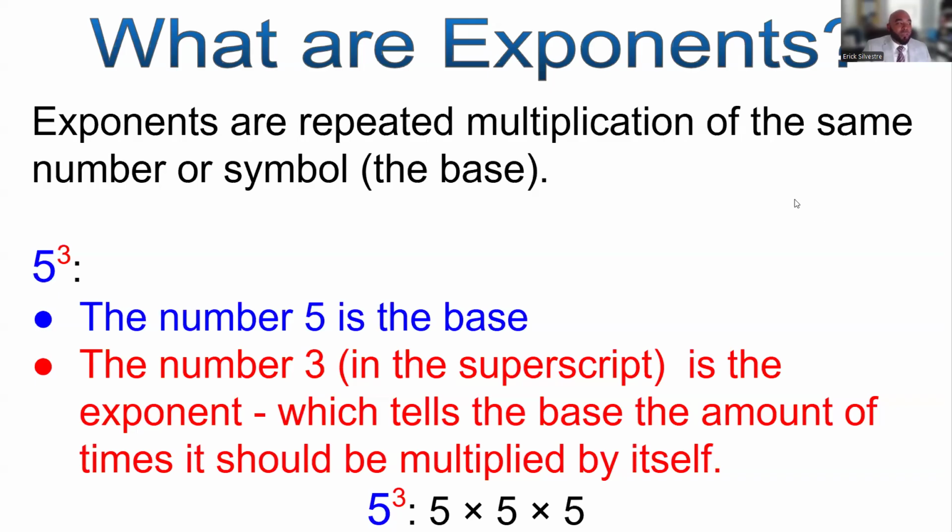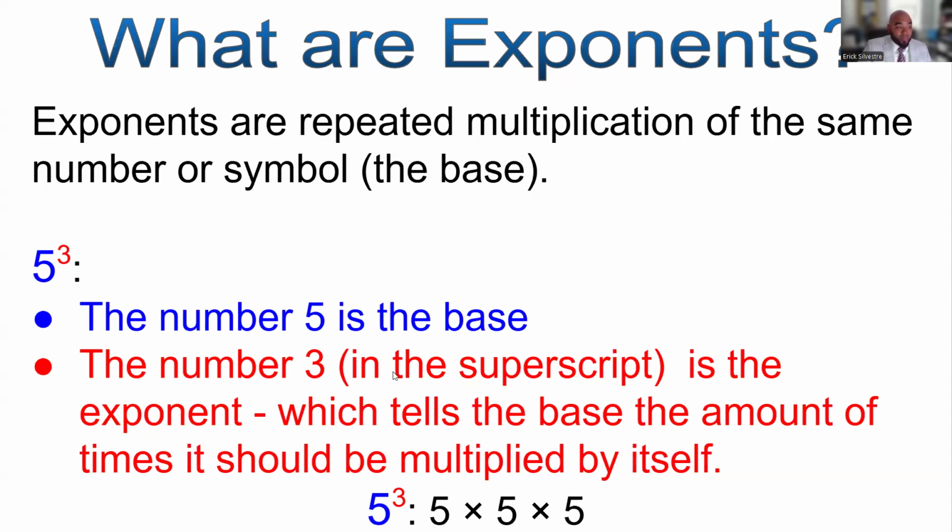What are exponents? All right, exponents are repeated multiplication of the same number or symbol, which we're going to call the base. So if you look at this example, you have 5 with an exponent of 3. The number 5 is the base. Keep that in mind. Every time we refer to the base, we refer to the number or symbol that is not the exponent.